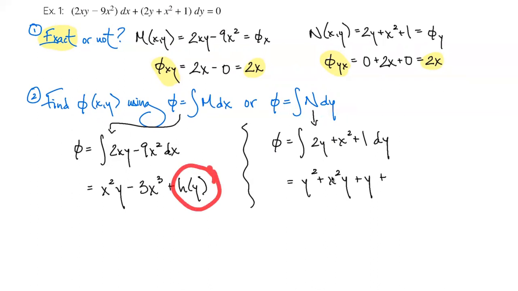And we don't want an h of y, because that would have given us some sort of derivative. We have to change this to h of x, okay? Because any function involving only x, when we take a partial with respect to y, will actually give you 0, okay?